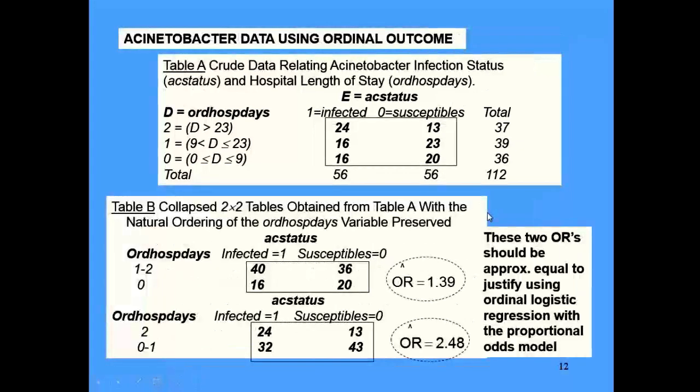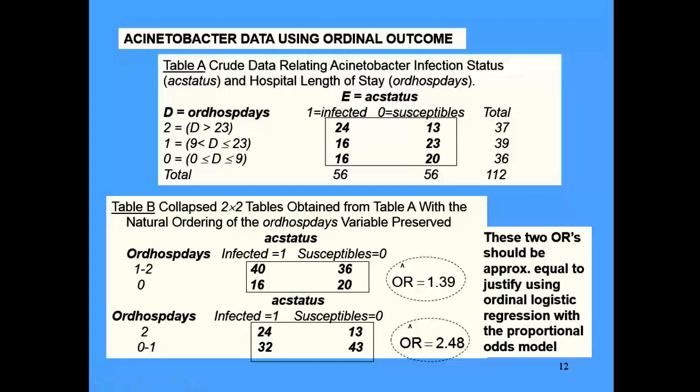Now, look at this slide. This is the last thing I'm going to do. I've taken this table and I've divided it into 2 subtables. I've done it in a weird way. How did I get this table from this table? See, it says 40 and 36. Where do I get the 40 and 36? 24 and 16 are 40. 13 and 23, 36.